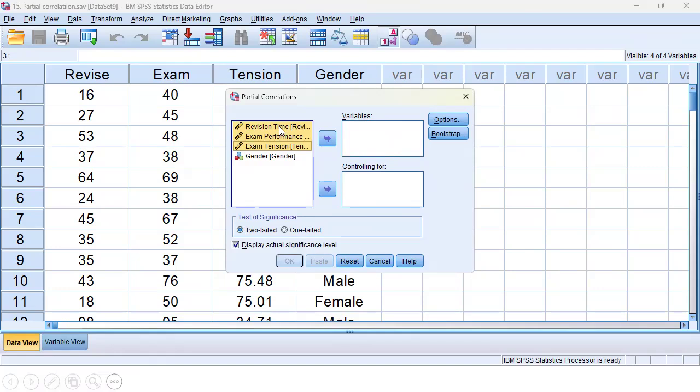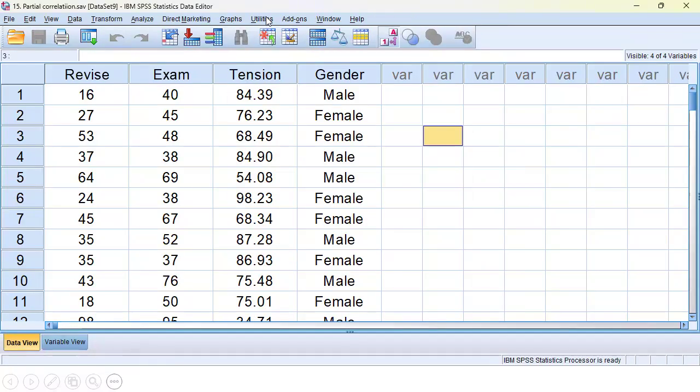Sorry, the revision time and exam tension controlling, and then okay, yes, this is my output.